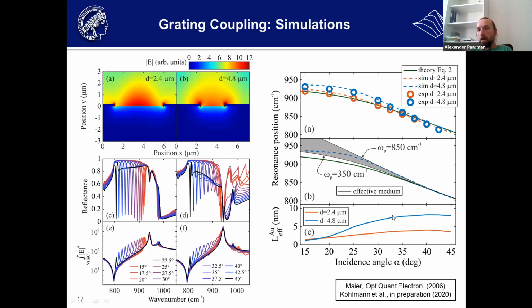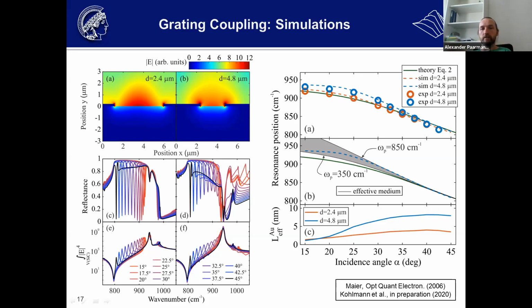And then we're trying to understand why this could be, and the best explanation we came up with was using this very nice paper by Stefan Meyer on effective mode volume estimates. So we applied this idea of effective mode volume and looked at how much of the mode that we're exciting is actually residing in the gold. In the end, it's averaged over the whole area, so it gives you an effective mode length.